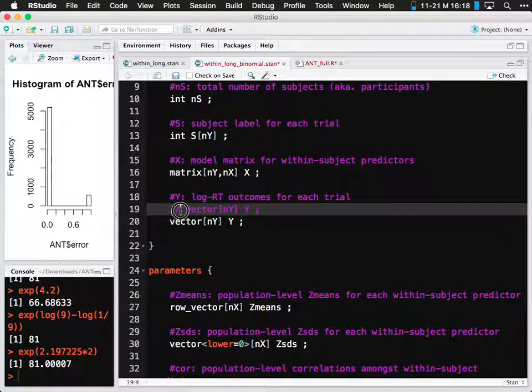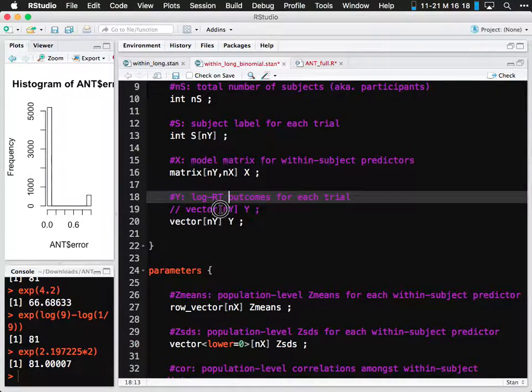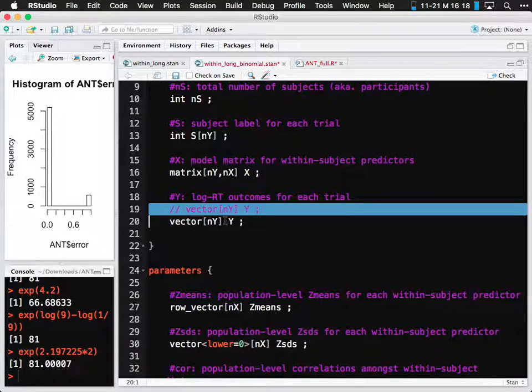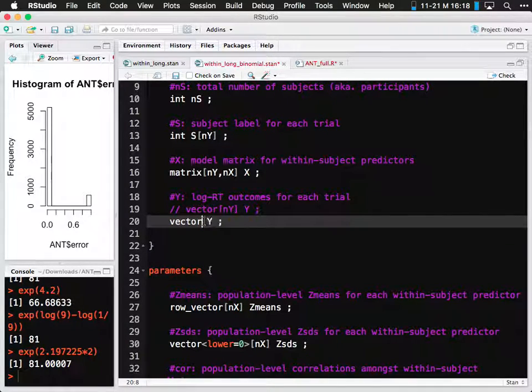In a Stan document, that's going to put not a hash, but 2 slashes. But Stan recognizes both of those as comments. So this was the old thing for something that's continuous. The new thing, int y, and the square brackets on the right side of the y. This is like saying y is a vector of length ny, but all the contents are only integers.